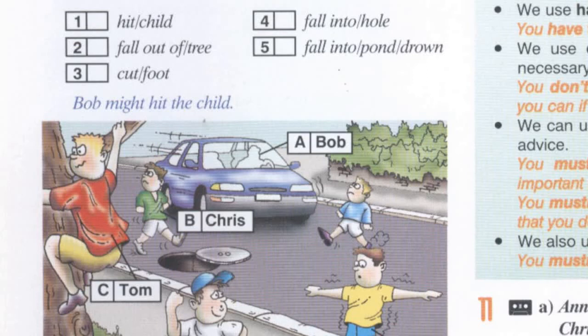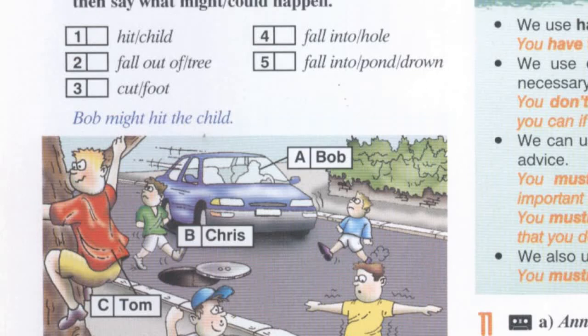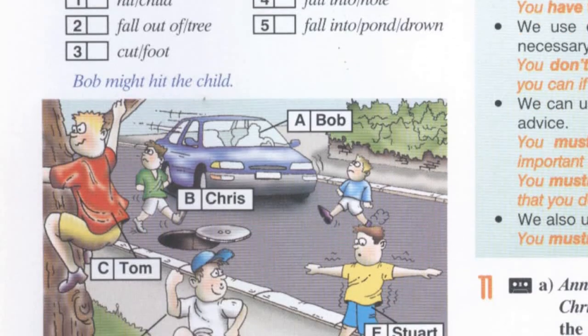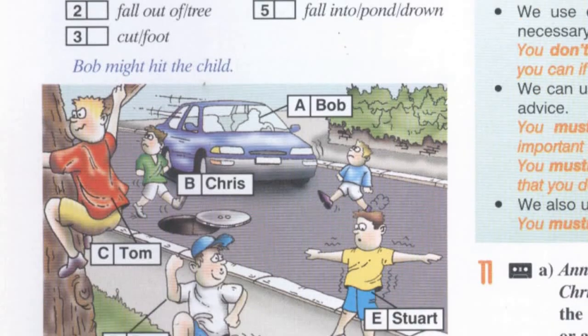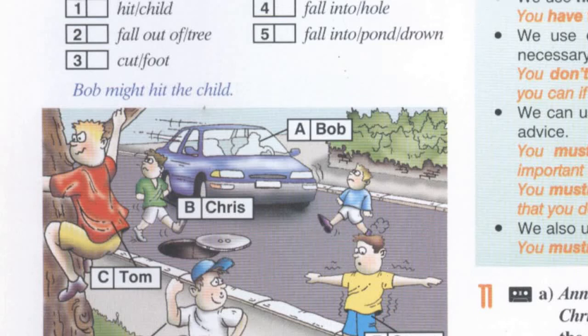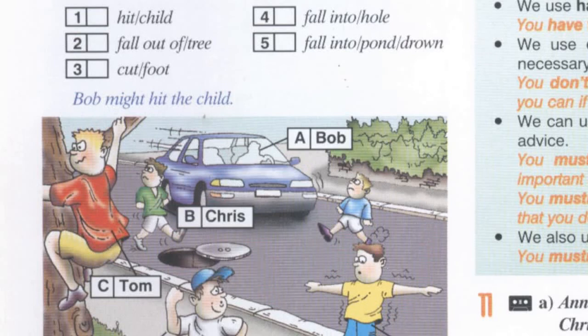Bob might hit the child. Okay, look at the first one. It's about hit and child. Probably you can see the Bob, a driver, and the children in the middle of the street. So Bob might hit the child.